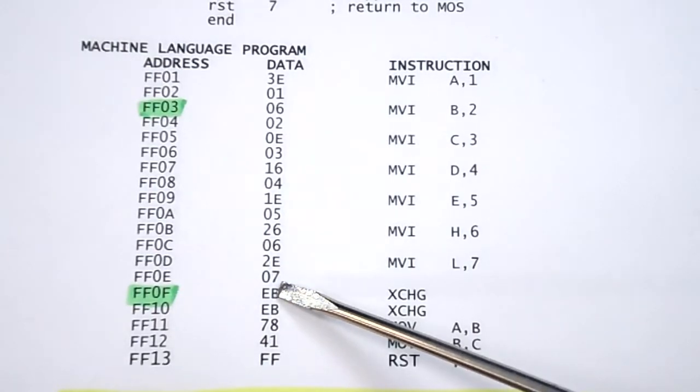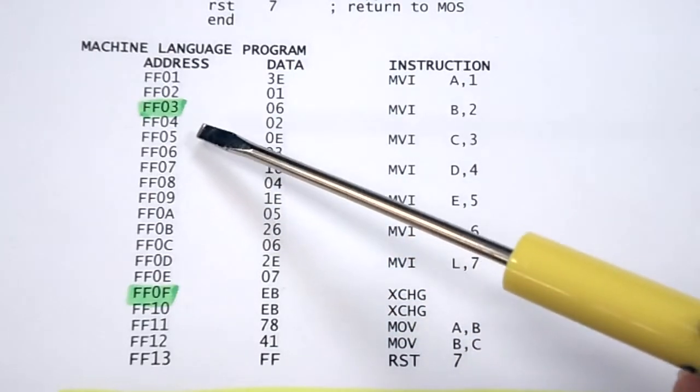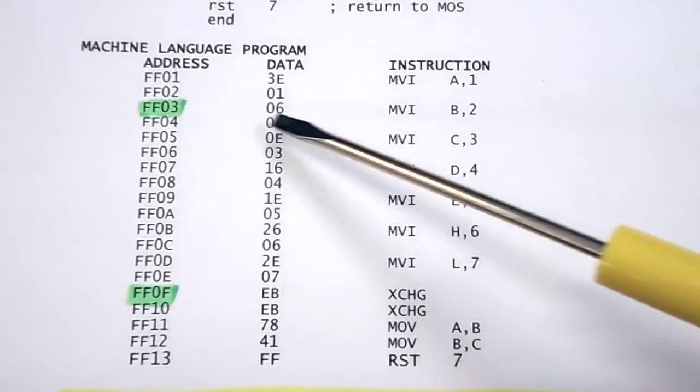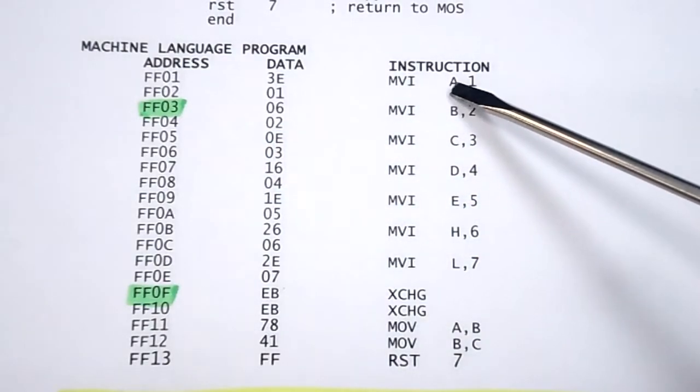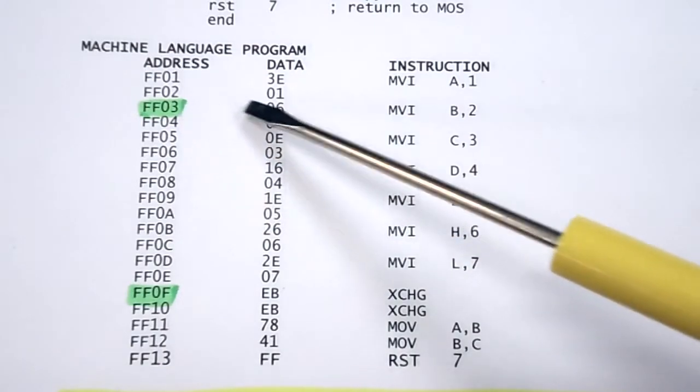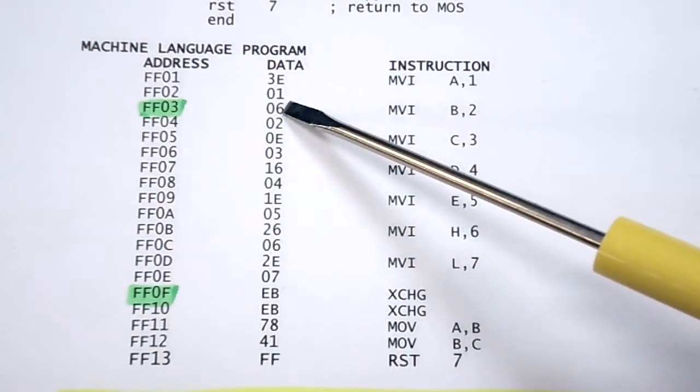So we're going to see how that works. And the other thing we want to do is insert a break by ourselves so that after 1 is loaded into the A register, we get a break. So we're going to put a manual break in. So instead of 06, we're going to put in FF. And then we have to remember to replace the FF with 06 afterwards.